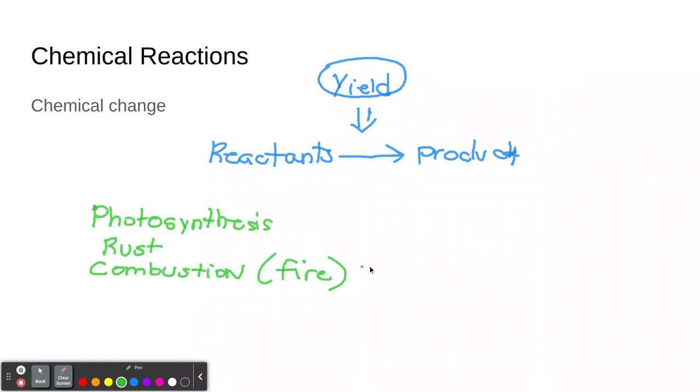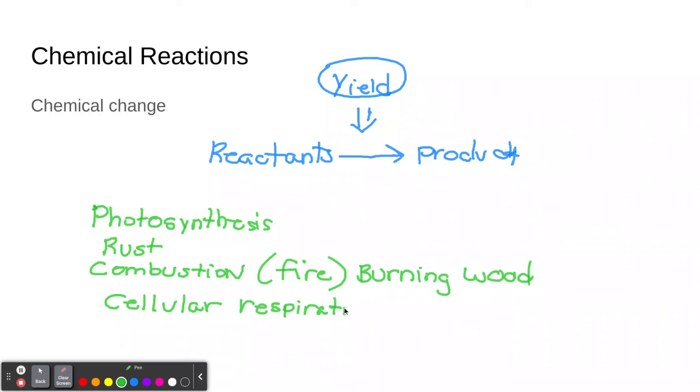The burning of wood, and we'll give an example of that in a minute. And there are others, like cellular respiration. We talked about this before in other videos, when we wanted to talk about how the body got glucose and ATP. So if you want to look at those other videos, see respiration. So these are examples of a chemical change, a chemical reaction.